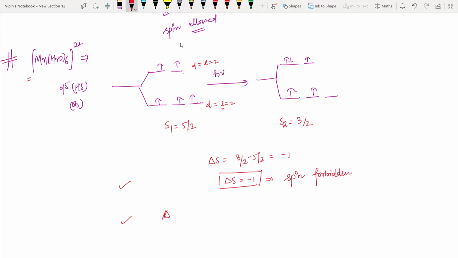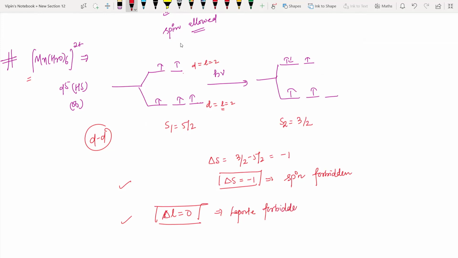The L value for the lower energy level is 2 and for the higher energy level is also 2, so delta L will be 0. It means this kind of transition, because it is an example of d-d transition, is also Laporte forbidden. So the electronic transition in [Mn(H2O)6]2+ is both spin forbidden as well as Laporte forbidden.